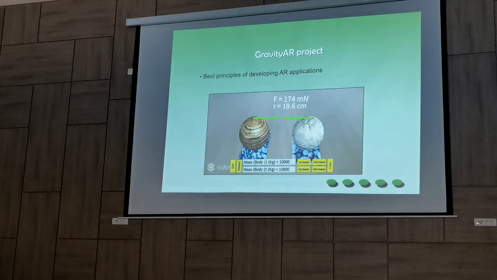This application is calculating the gravitational force between them. If you move this printed image, you can change the distance between them, and these vectors change too, with the magnitude of the force. And here you can change the mass of body 1 and body 2 of these planets.